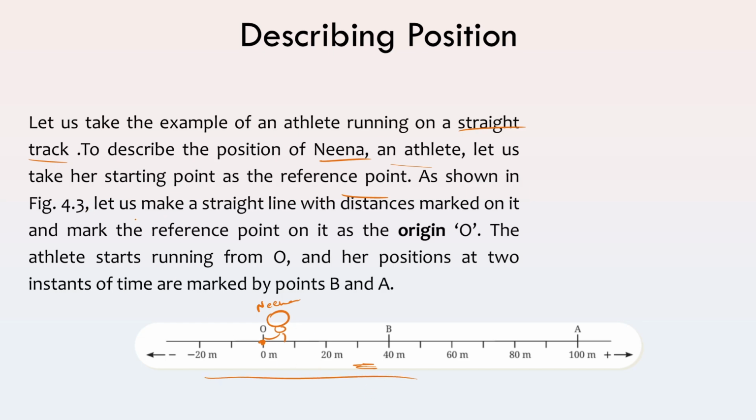This is the figure. Let us make a straight line with distances marked on it. So this is 20 meters, 40 meters, 60 meters. These are the distances marked on it, and it starts with the origin O. The athlete starts running from O and goes on.